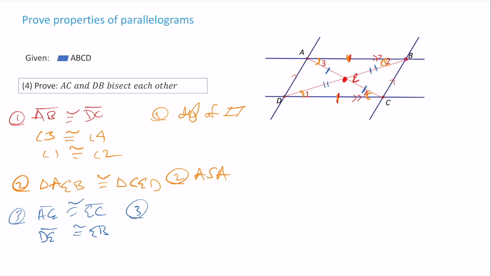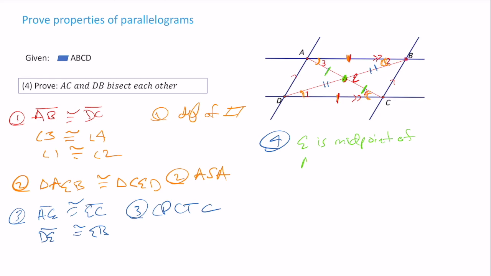And I know that because all corresponding parts of congruent triangles are congruent. So what that means, right, is that if AE is the same as EC, then E must be the midpoint of AC.